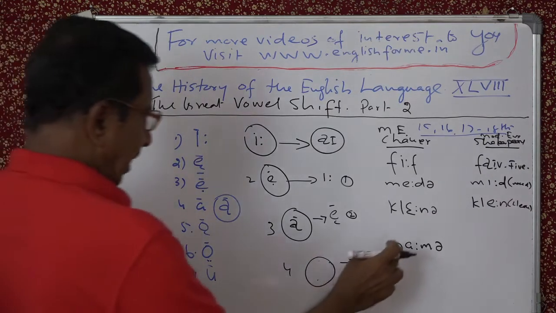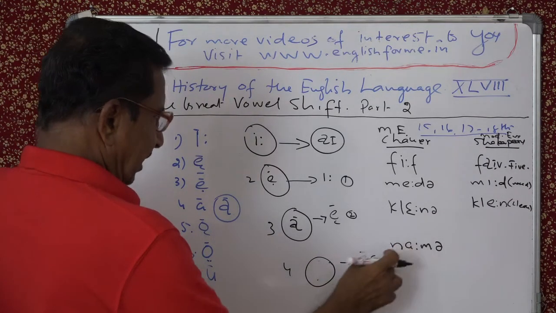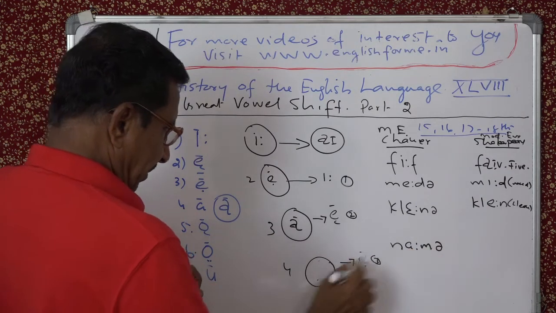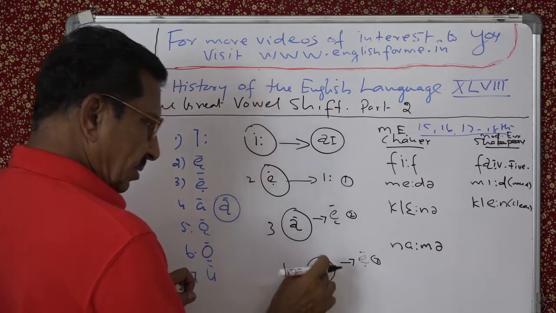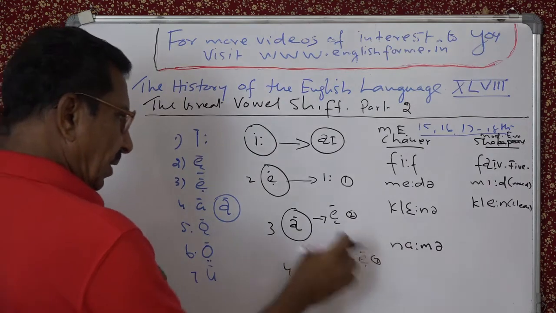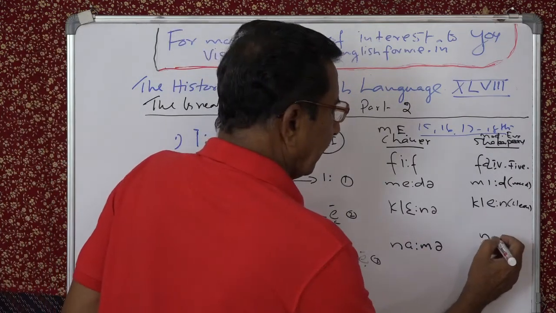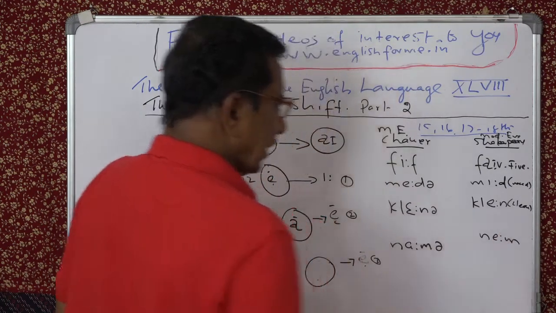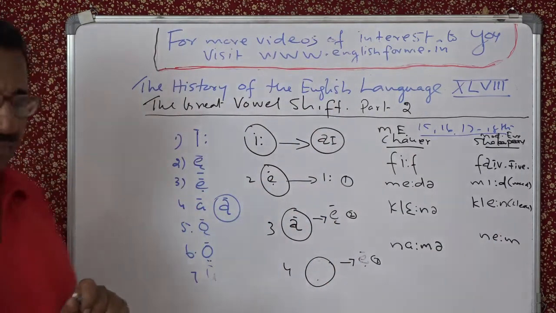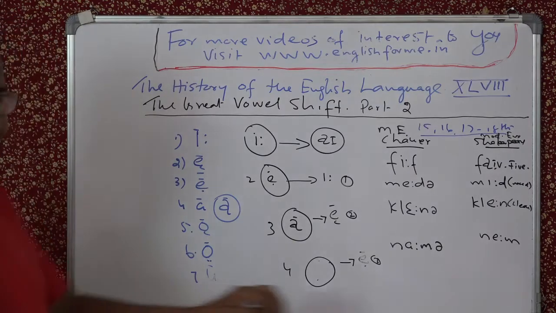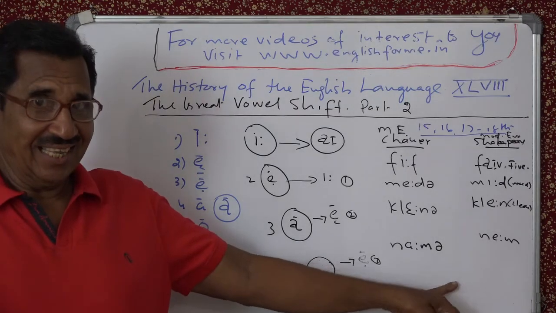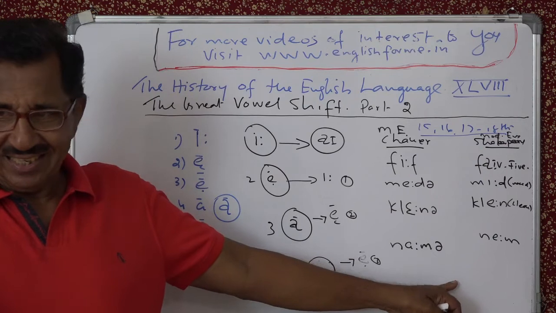And that is name. That is Middle English pronunciation. It is here, we have written it here, but now it is not. And this A became name. But the spelling is A.